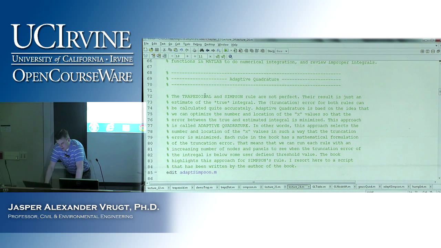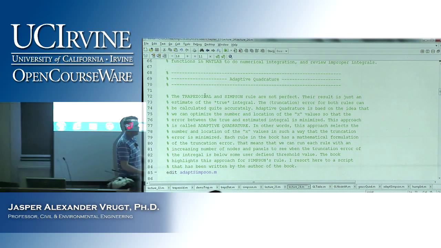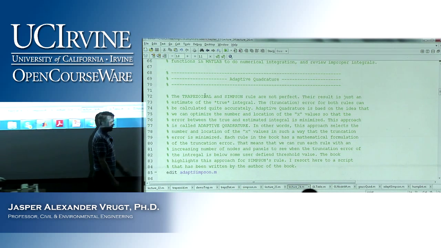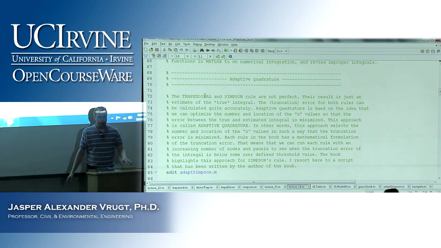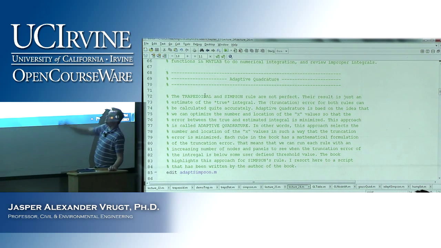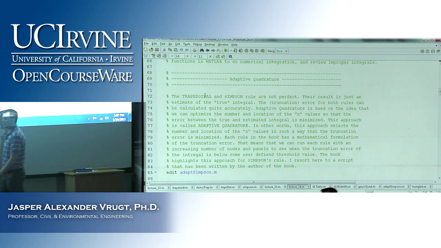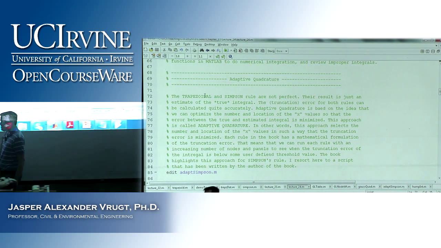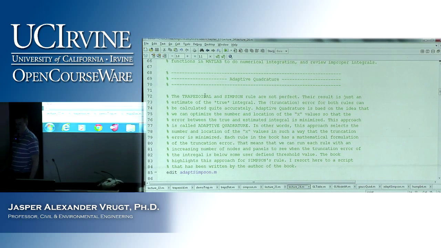Now, we've seen that the Gaussian quadrature rule is best if we do have the function script, okay? But there are ways to improve the Simpson and the trapezoidal rule. We can make them adaptive, and that's also called adaptive quadrature.